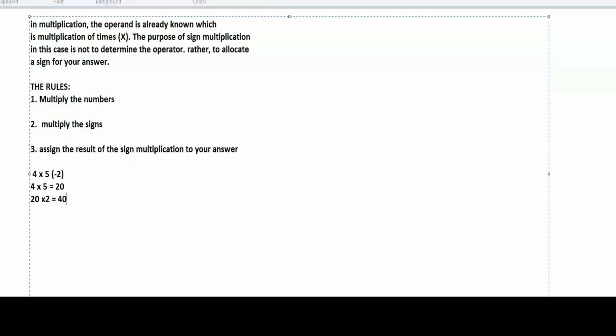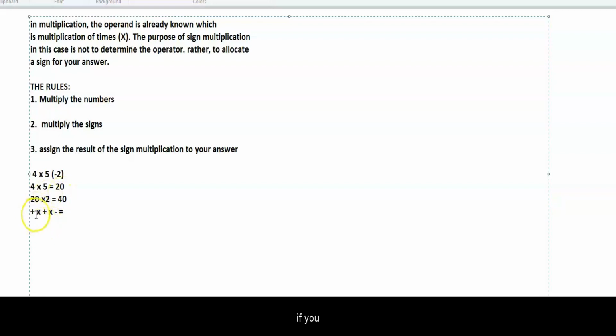Next we multiply the signs. We have a plus, that's for the number 4, multiplied by another plus for the number 5, multiplied by a minus for the number 2.